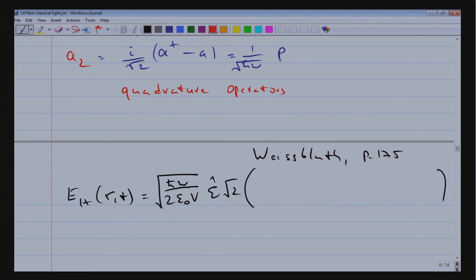But now we have an expression which involves the quadrature operators A1 and A2.